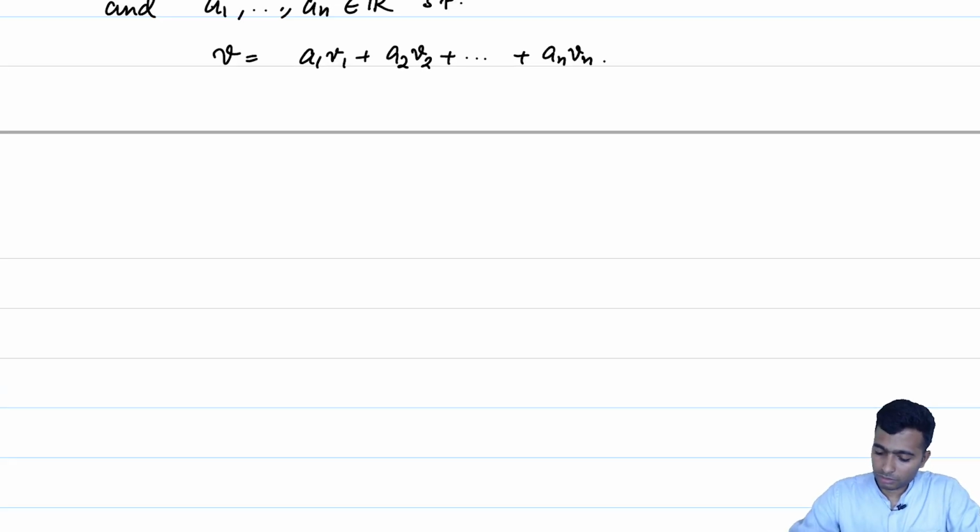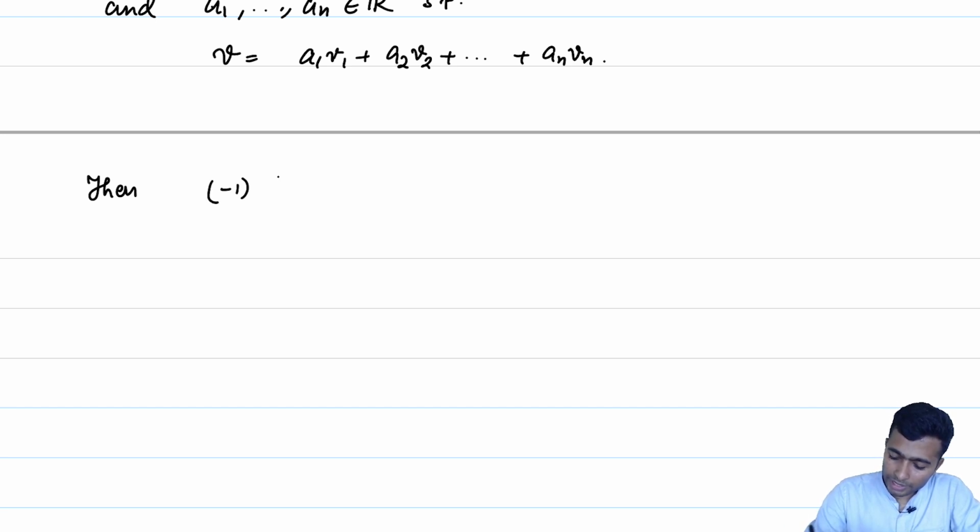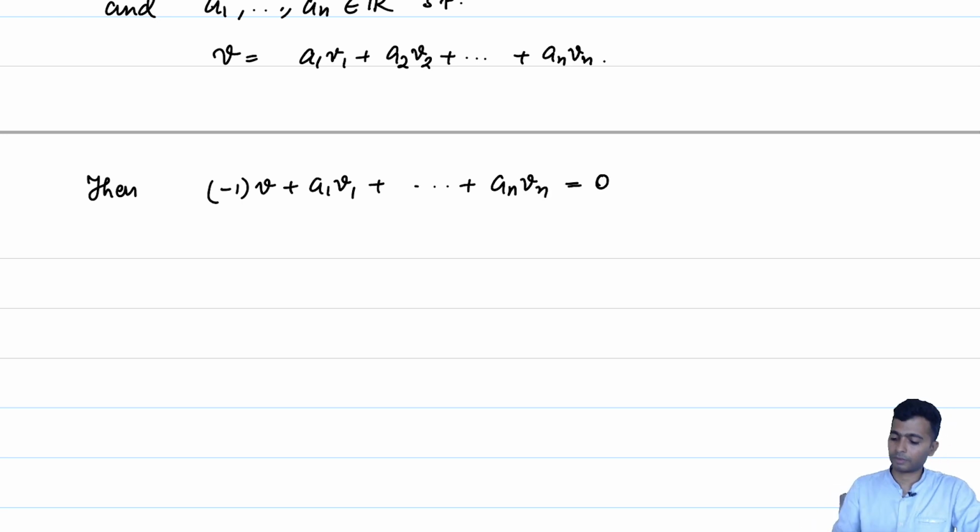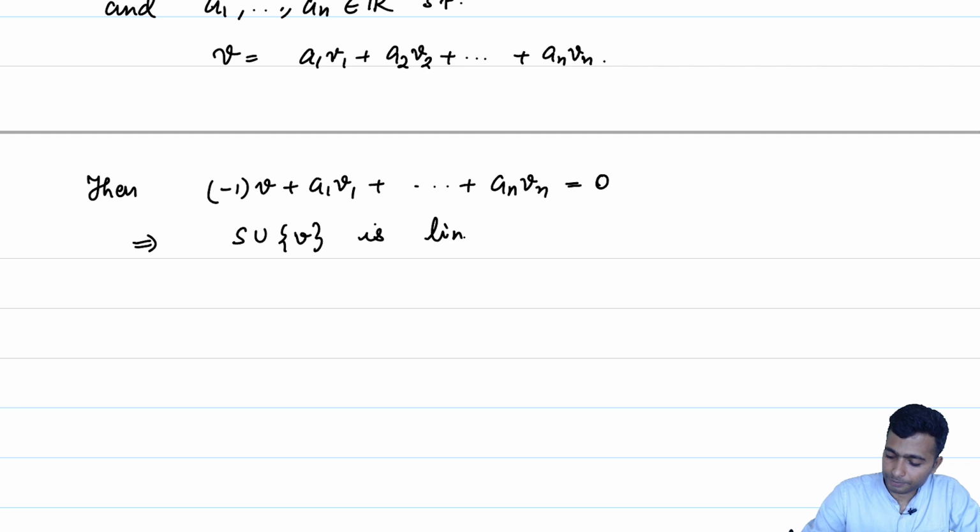Okay, so then by adding the additive inverse of V, we can write minus 1 times V plus A1 V1 plus A2 V2 up to An Vn is the 0 vector. That implies that, you notice that V is not one of V1, V2 up to Vn, because V is not an element of S, and therefore S union V is linearly dependent.